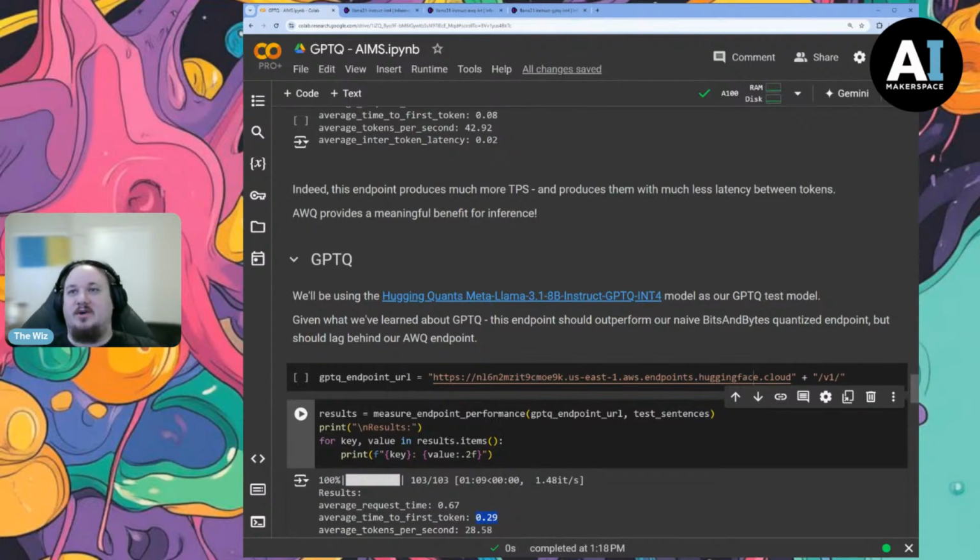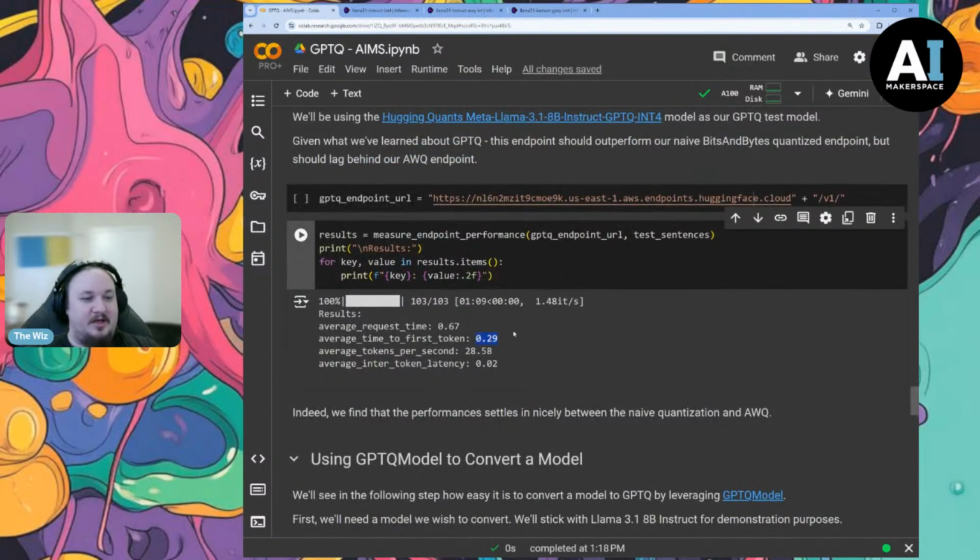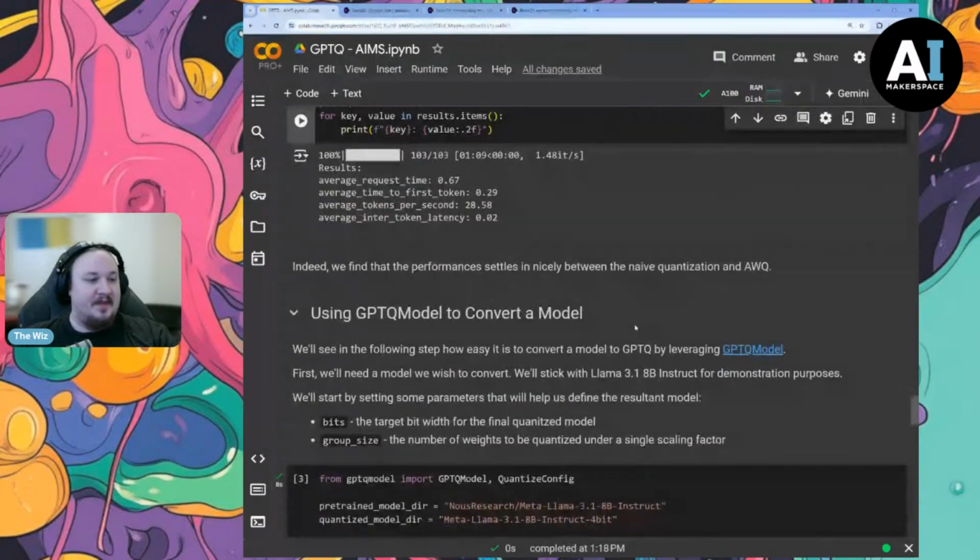So most of the speed savings in AWQ is the initial token. Once the tokens are ripping, though, we find that those methods are pretty similar. That's an interesting point because it can help guide when we want to use one method versus the other, and the relative savings in terms of the actual generation once it's begun are extremely similar, which is cool. Good to know.